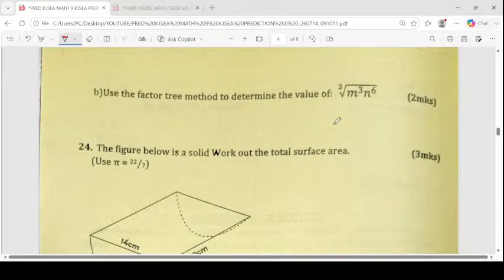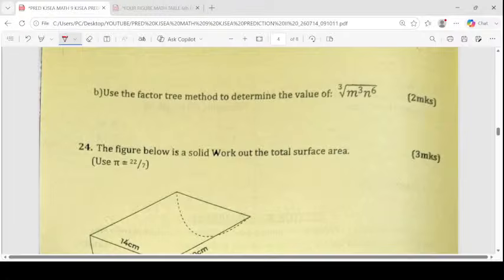It is something very, very simple, dear learners. Let us see. When you have such a question, they are saying use the tree method to determine the value of this, the cube root.